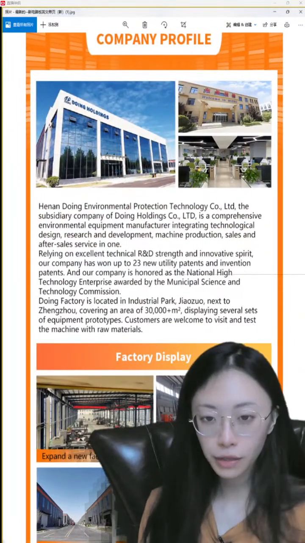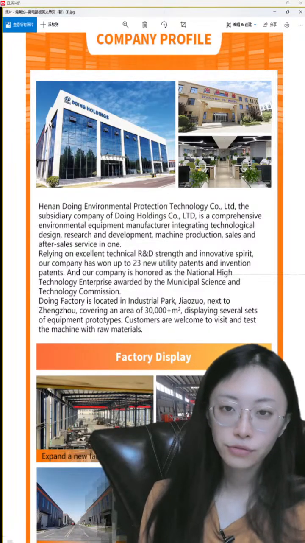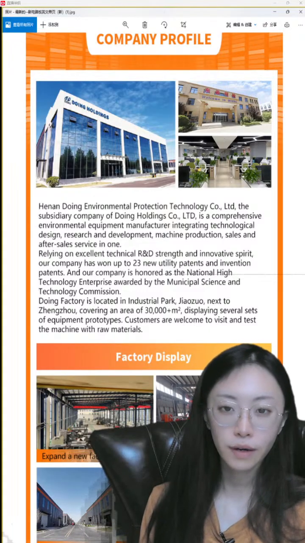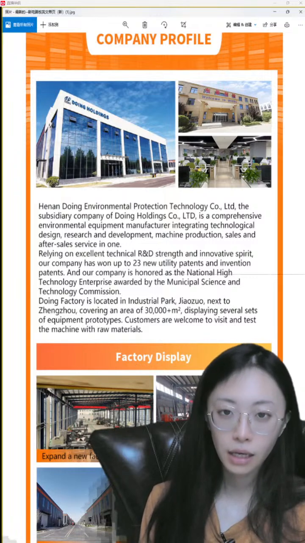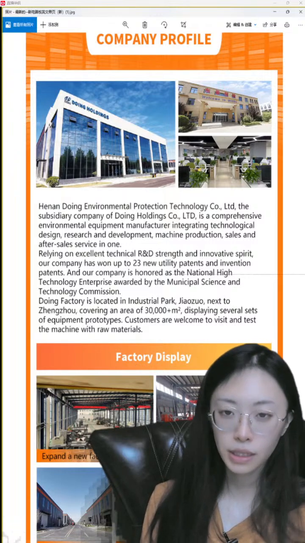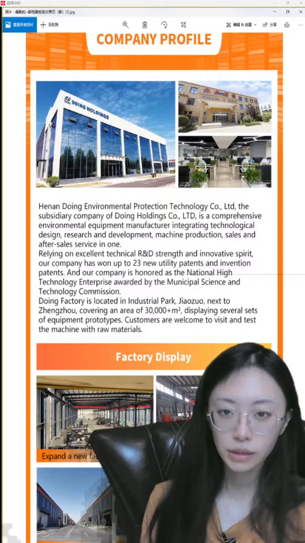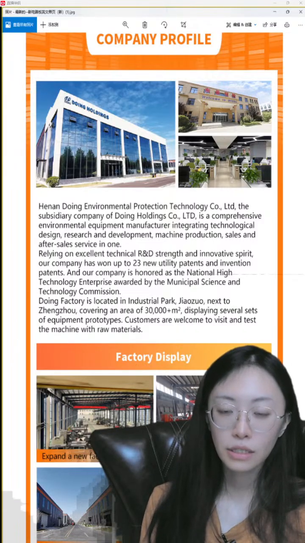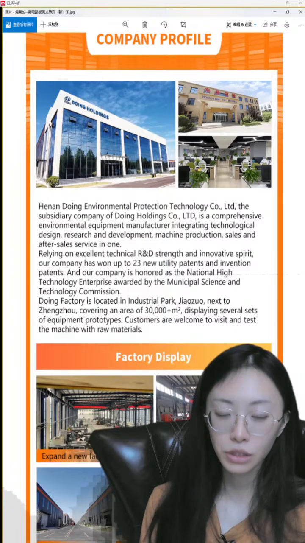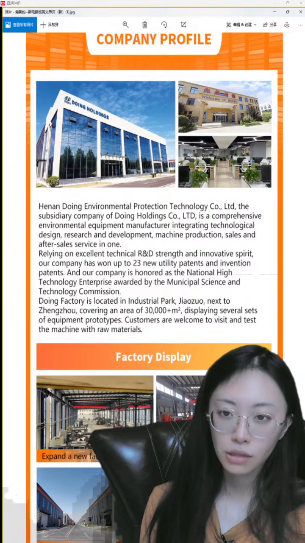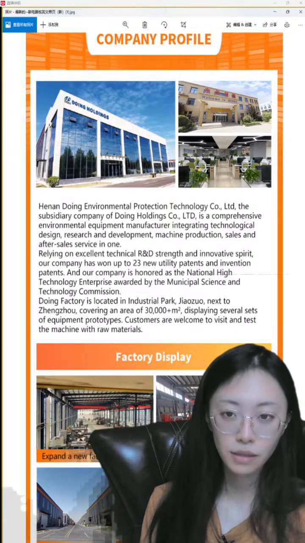Here is the profile of our company and our factory. We are Henan Doyin Environmental Protection Technology Company, a subsidiary of Doyin Holdings, a comprehensive international equipment manufacturer integrating technological design, research and development, machine production, sales and after-sales service in one.